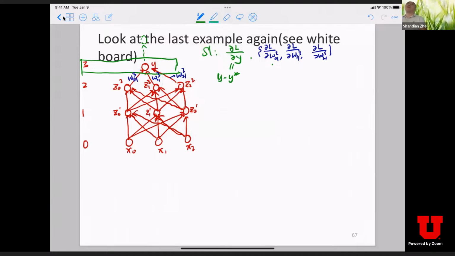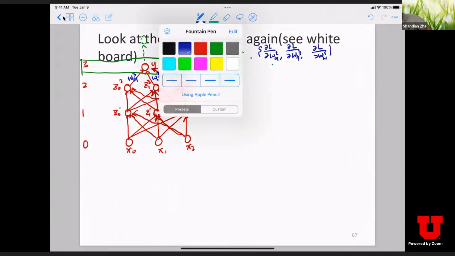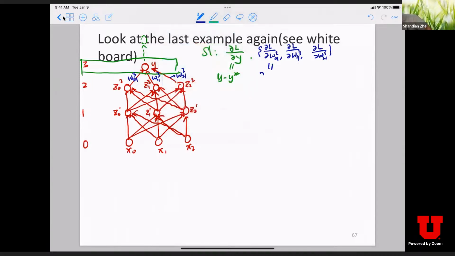We actually have done that. So it's pretty straightforward. We just multiply partial L over partial Y times partial Y over partial weight, right?